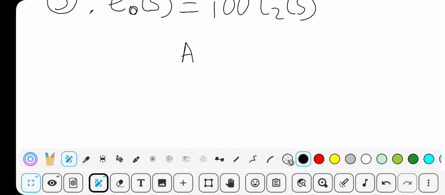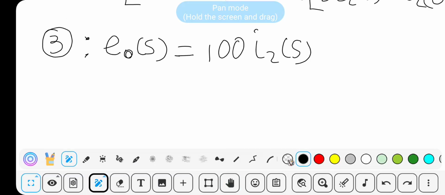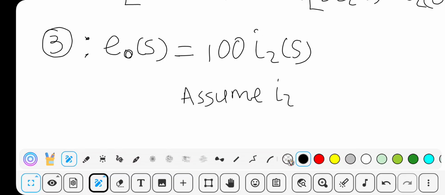Now assume initial conditions is equal to 0.